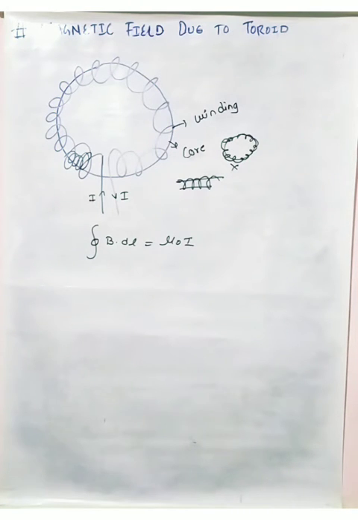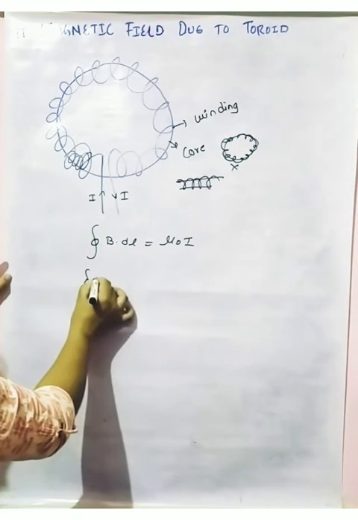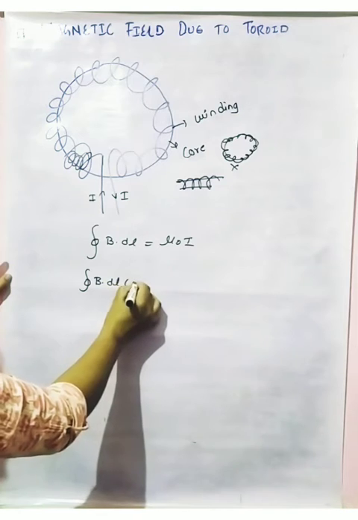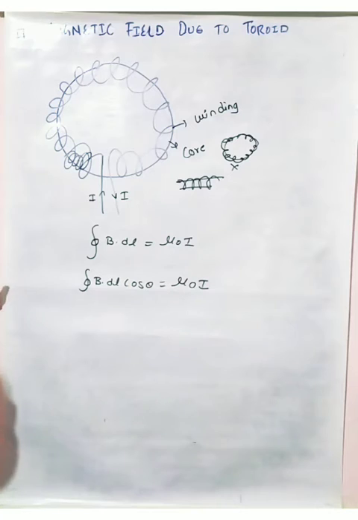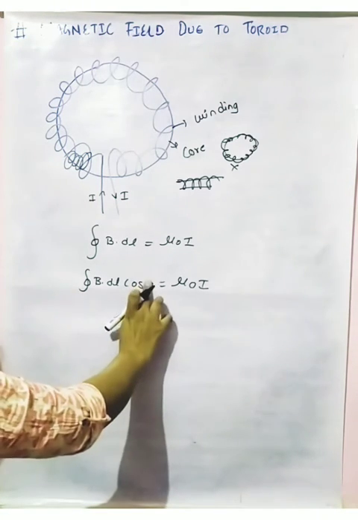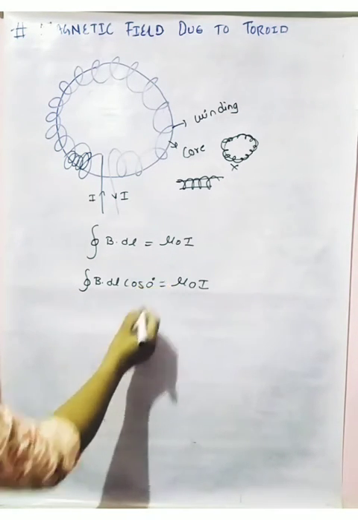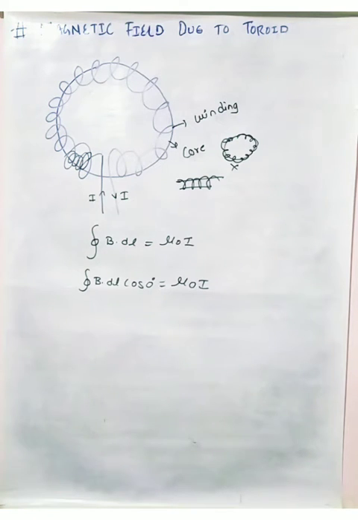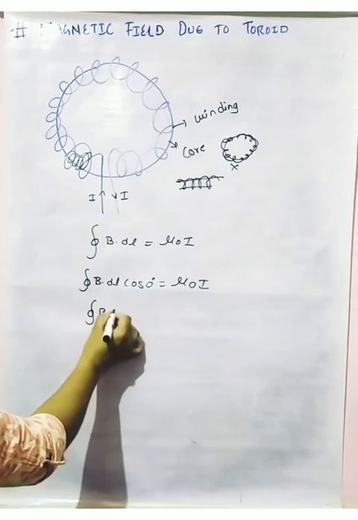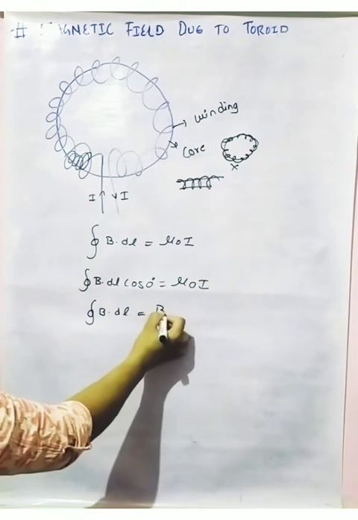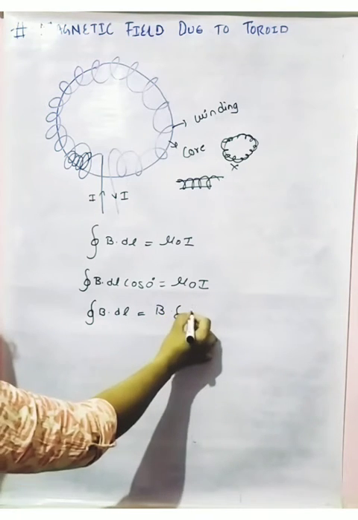The angle between the magnetic field and the tangent dl is theta, so we write B dl cos theta equals mu naught I. Here cos theta is cos 0 degree, which is 1. So the closed integral of B dot dl equals B times the closed integral of dl.